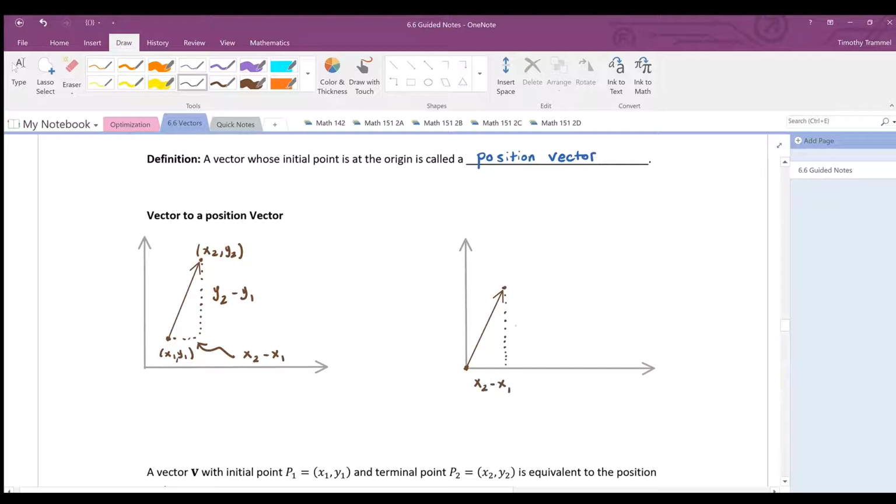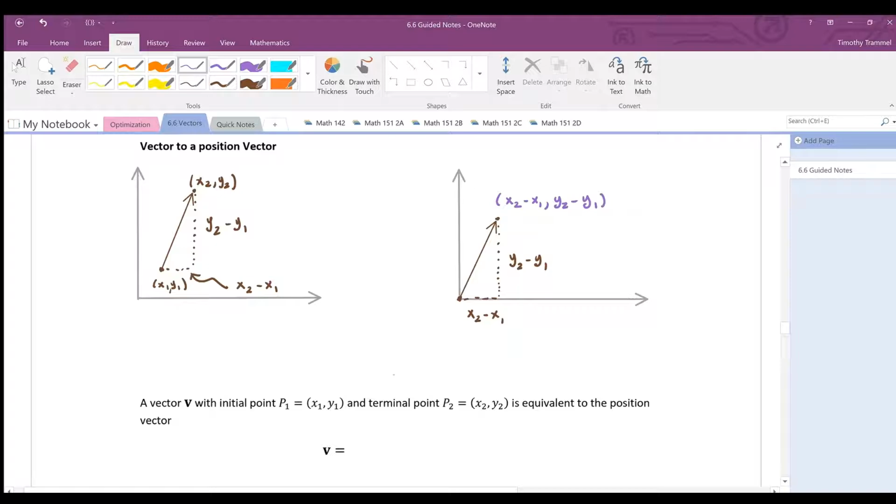And the height should also be y2 minus y1. All right, and so what that tells us then is this point that we're really interested in is actually x2 minus x1, comma, y2 minus y1. And so those are going to be the numbers that we're going to write in front of i and j.